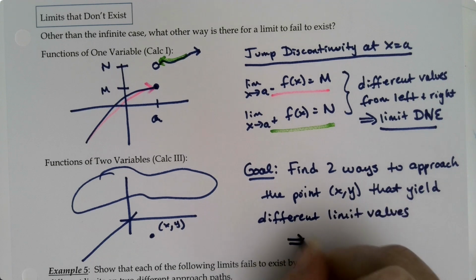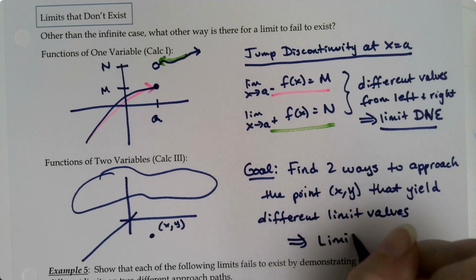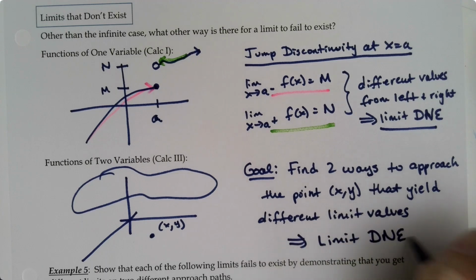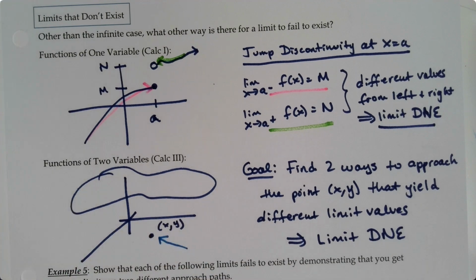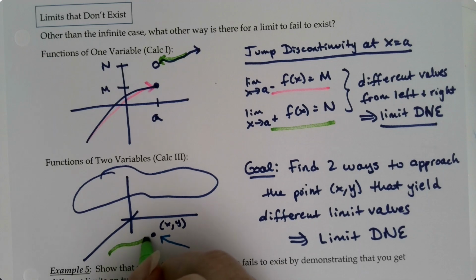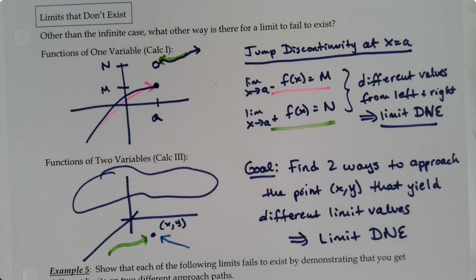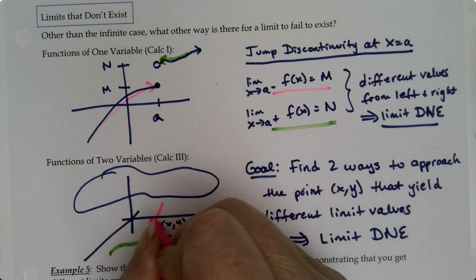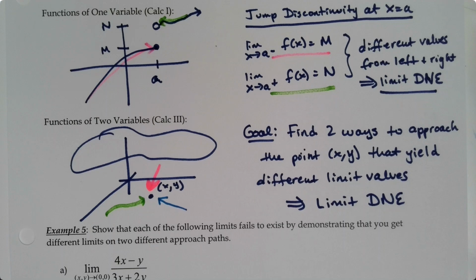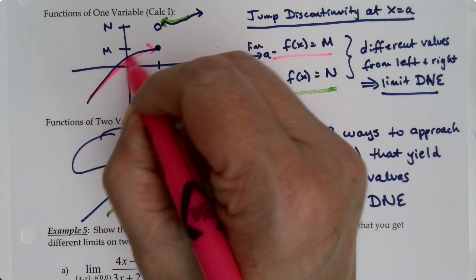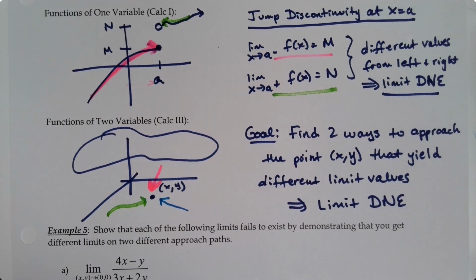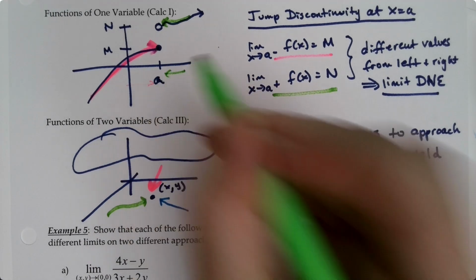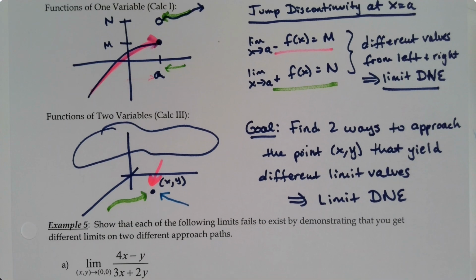And that will prove, just like it did in Calc 1, that the limit does not exist. So you're going to approach from this direction, and then from this direction, right? You can come in from different ways, or you could approach from up here and head that direction. So you have to find some different ways to approach the point, and it won't be as straightforward as it was here, where you approached x equals a from this way and from this way. It won't be like that. It'll be more complicated.